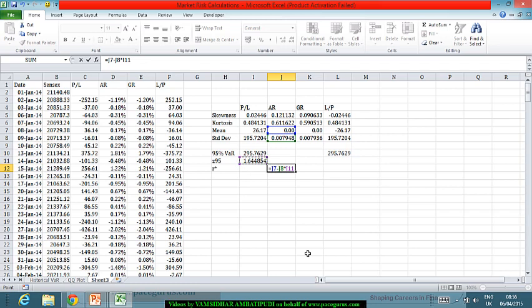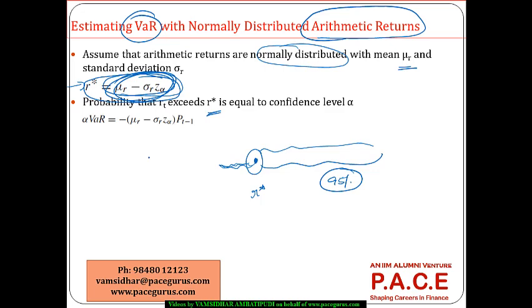So mean minus the standard deviation times Z alpha gives me that R star is somewhere around minus 1.2%, which tells me that there is only a 5% chance that the arithmetic return can go below minus 1.2% in a single day. There is a 95% confidence that the arithmetic return on any single day will be greater than minus 1.2%.